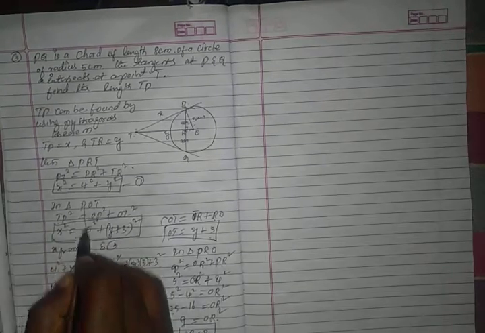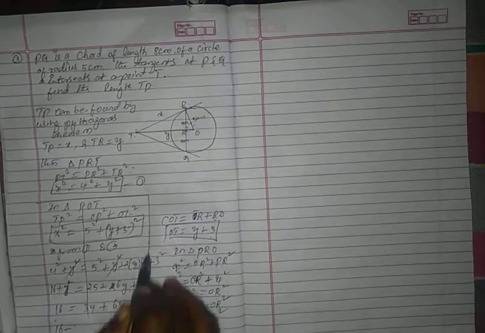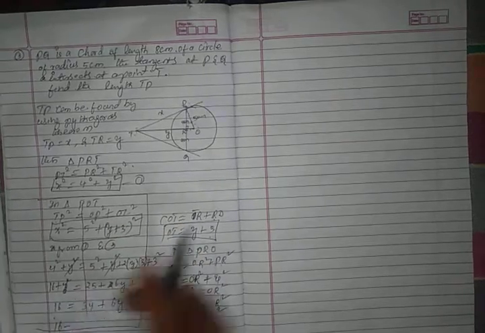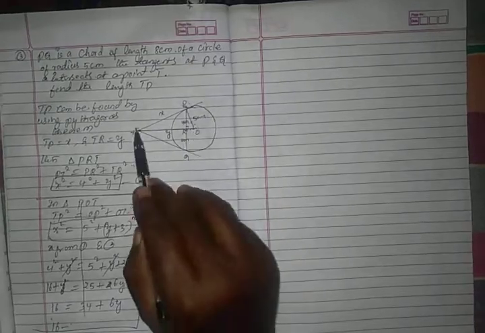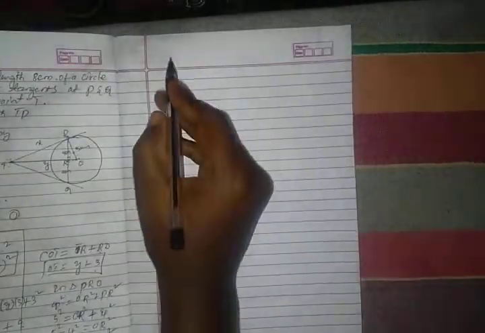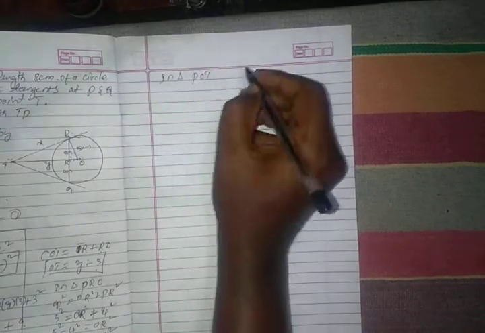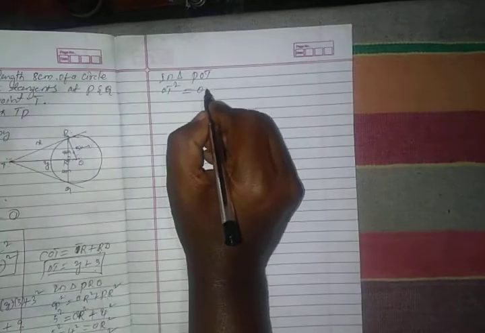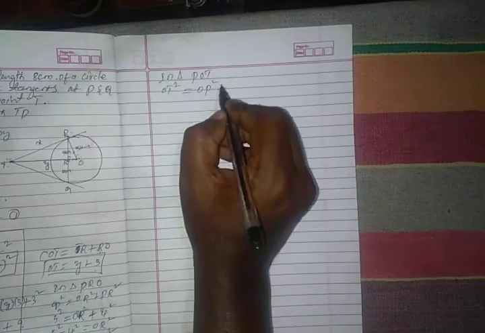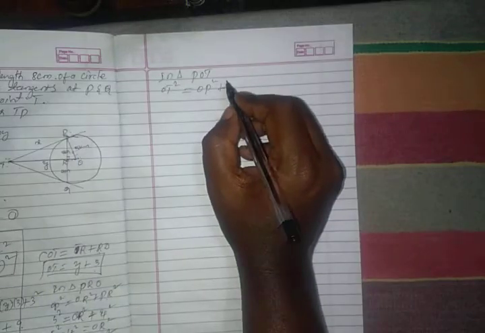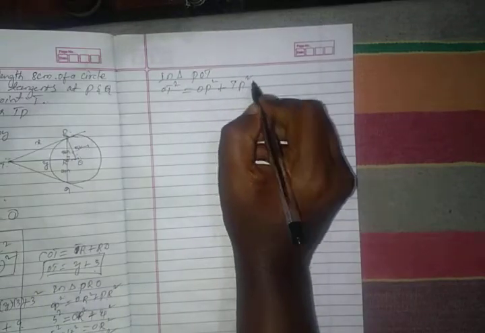Sorry children, here the hypotenuse, I am making a mistake. Let us take here OT is the hypotenuse. In triangle POT, OT squared is equal to OP square plus TP square.